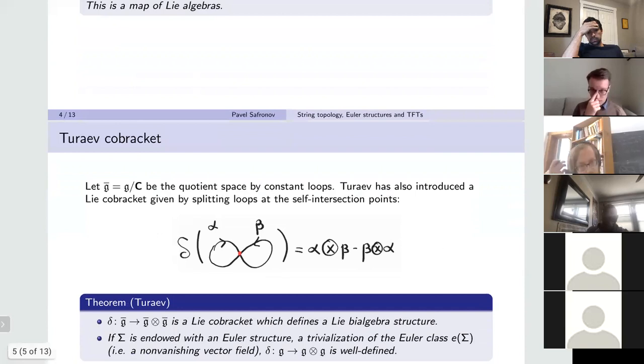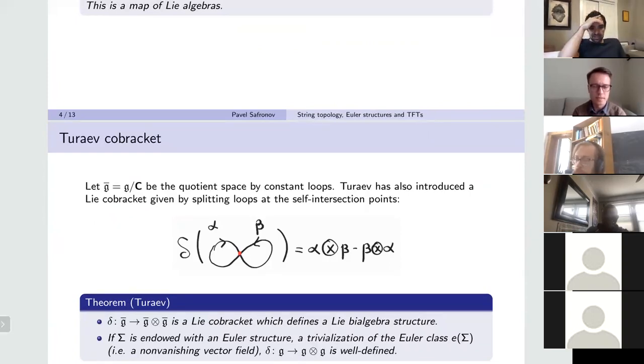Okay. Now, what sort of algebraic structures or algebraic identities does this operation satisfy? First of all, let's look at the case where you mod out by constant loops. Maybe I assume that Σ is connected in this case, so you have just a one-dimensional space of constant loops inside of Ĝ. Then the claim is that this operation is actually a Lie cobracket. So it's antisymmetric, as you see in this example, and it satisfies a co-Jacobi identity.